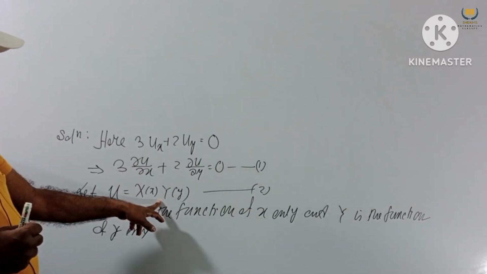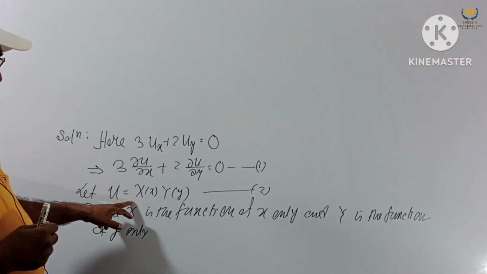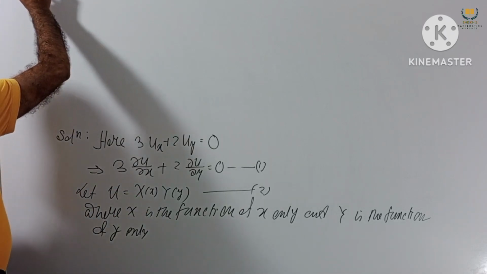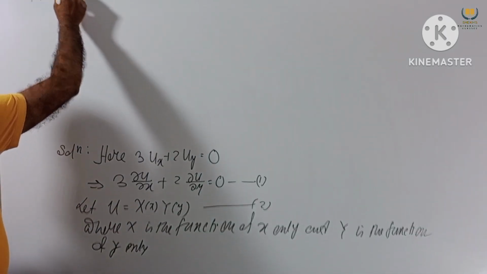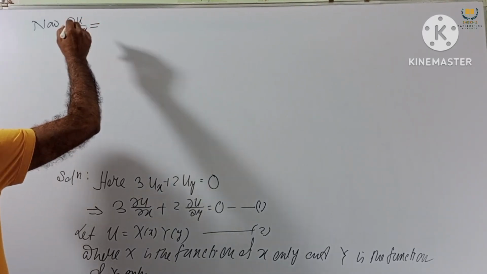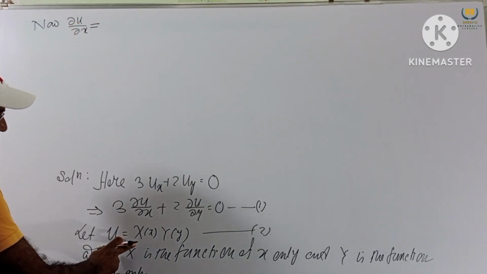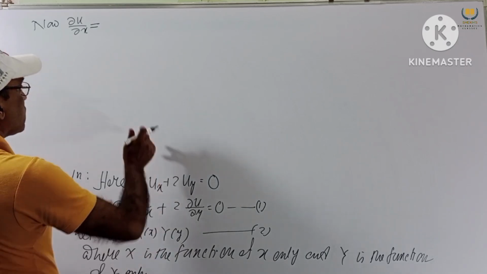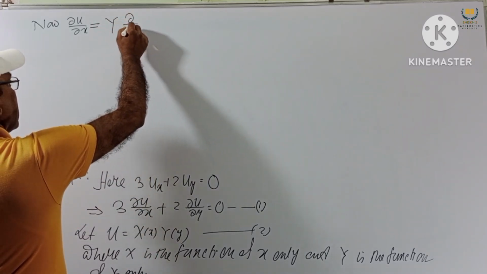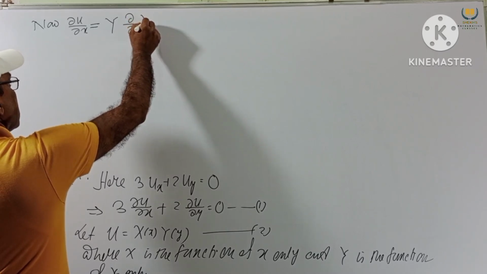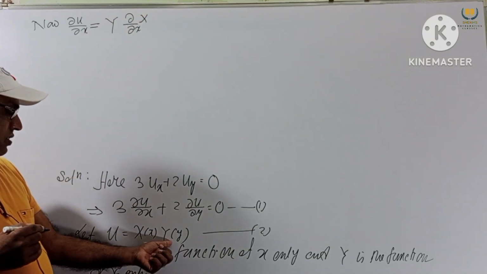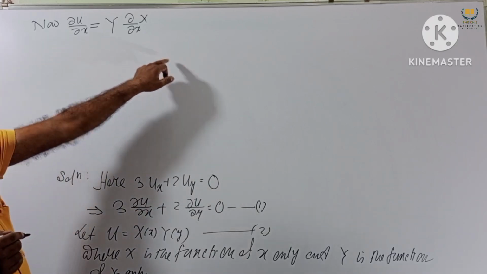Differentiating partially with respect to x of equation number 2. Now del u del x equals, when you differentiate partially with respect to x, then y is constant. So capital Y is outside, and we write del capital X del x.